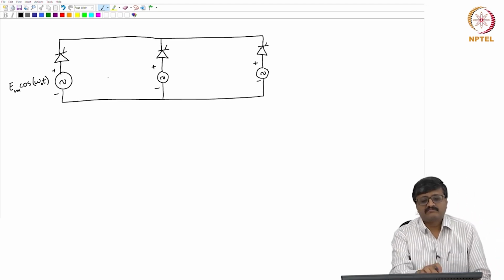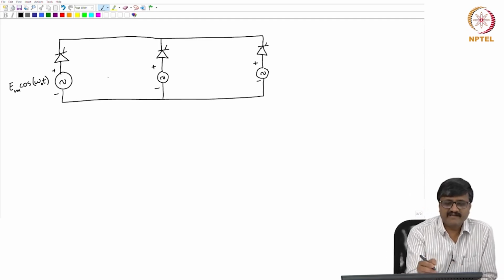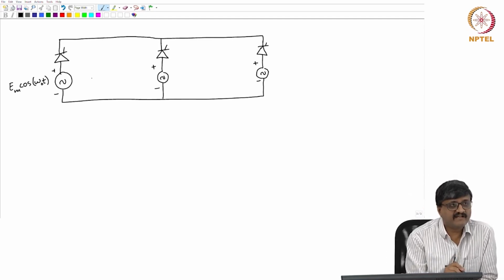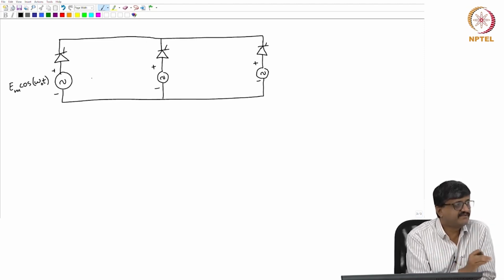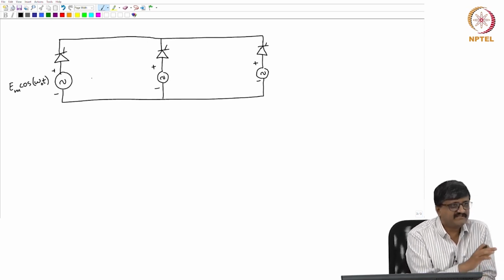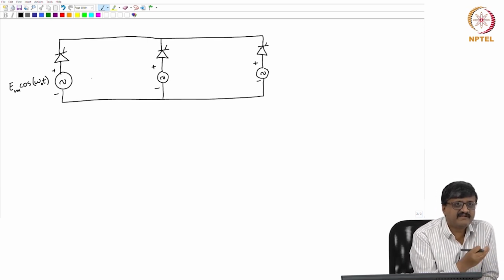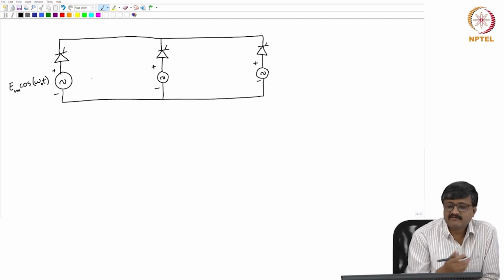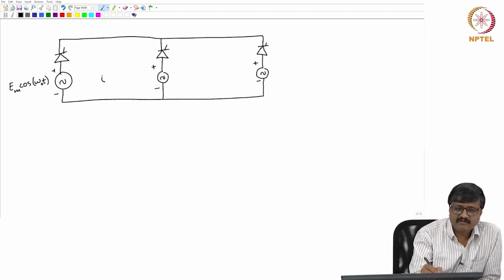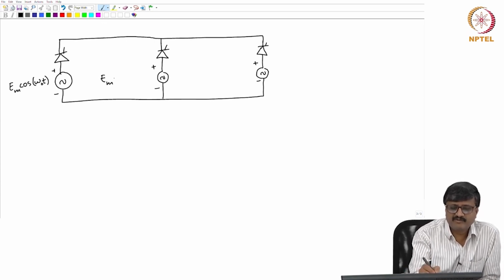Now, these 2 voltages will have the same peak value, but different phase angle. Now, I did not get into how to get the phase angle. In the previous case, we said the phase angle is 180 degrees with respect to the previous voltage. Now, that is something based on your experience in an undergraduate course, maybe in a power electronics course, you are able to say that. Okay. So, similarly, I presume you should be able to say what should be the phase angle of this second voltage source.